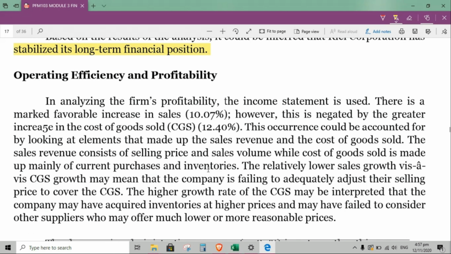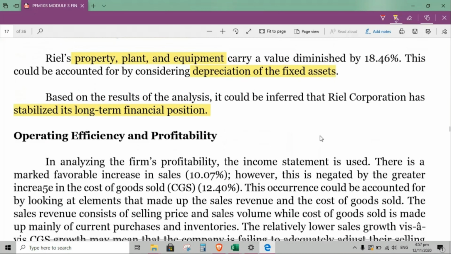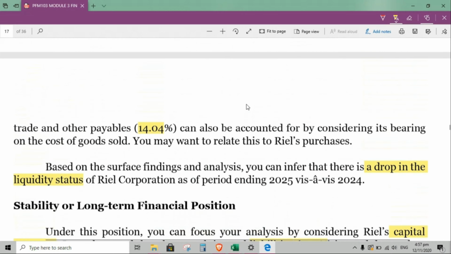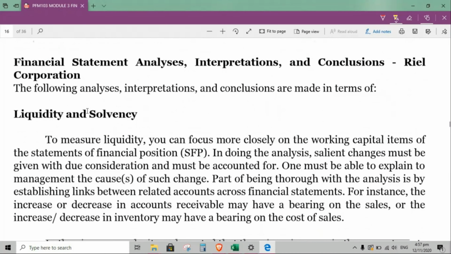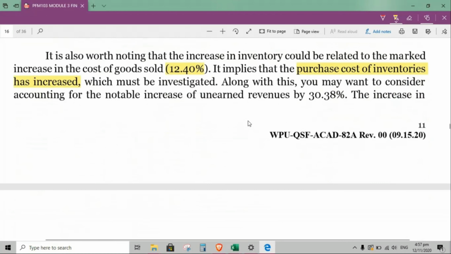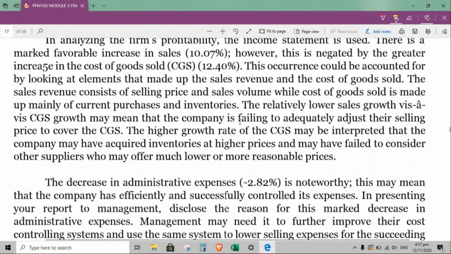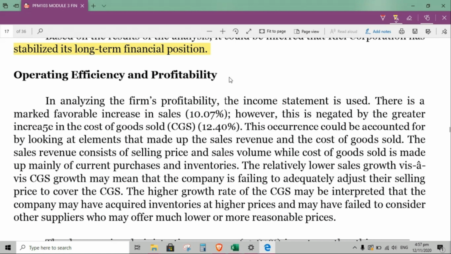In terms of operating efficiency and profitability naman, gagamitin natin yung income statement. By the way, pag stability or long-term financial position at saka liquidity and solvency yung analyze mo, doon ka titingin sa balance sheet. Pero kung ang titignan mo is yung operating efficiency and profitability, doon ka titingin sa income statement.